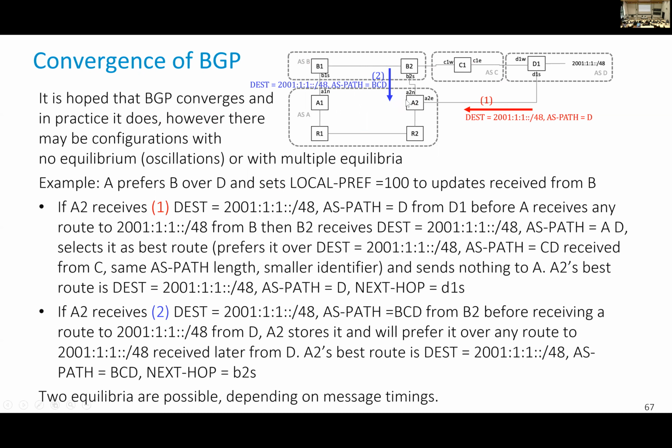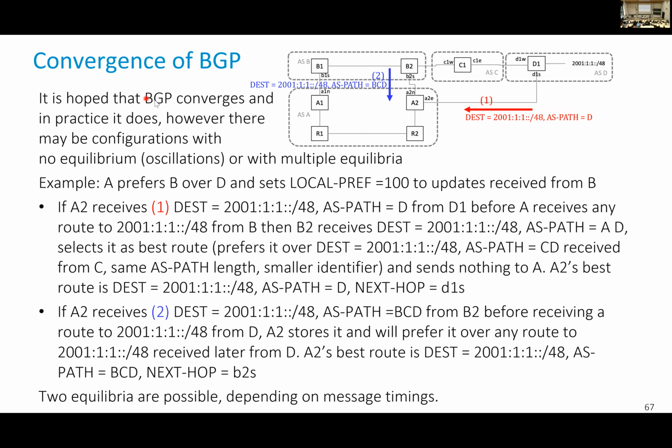But as we have seen, whenever we receive a new route, that may change the computation of the best route, which may trigger a new message to be sent. So a priori, a good question to ask is, does this process end? Does it converge? A bit like we have seen that in OSPF, when there is a failure, at the end, everything gets recovered.